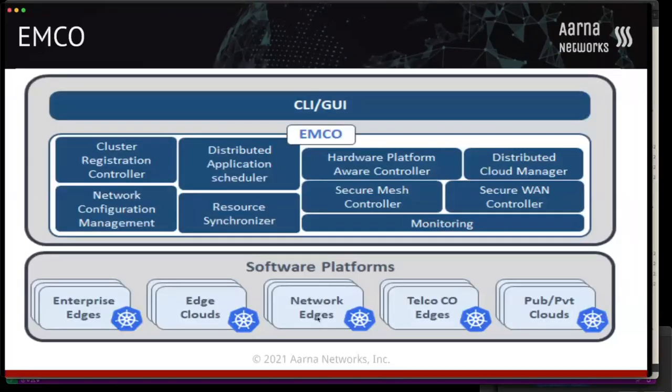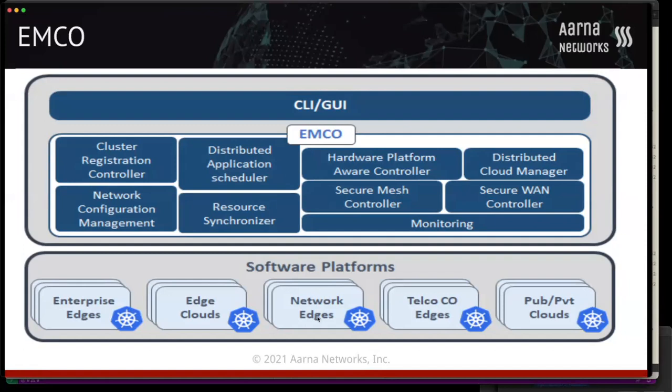Starting with the introduction of Emco. Emco is a multi-cluster orchestrator, and it is meant for multi-cluster distributed applications. Emco can orchestrate applications across edge clusters, and along with orchestration, Emco also manages the life cycle of these applications.